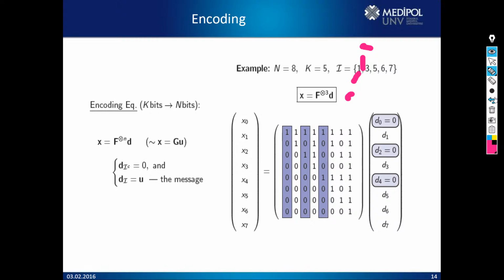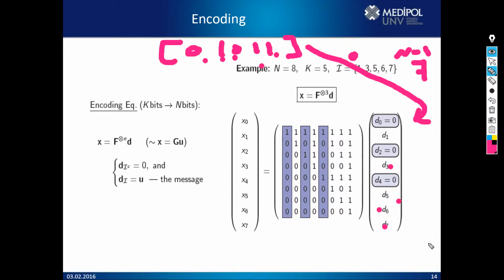Now, these are the indices. Let's say the information bits are something like this. You just put these bits here. 0, you put it in D1. 1, you put it in D3. 0, you put it in D5. 1, you put it in D6. And the last one, you put it in D7.